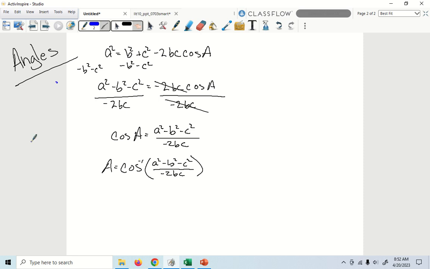So let's pretend like I know patterns. If I pretend like I know patterns, I could say angle B would be equal to, big brain here. Big brain there. Good job.